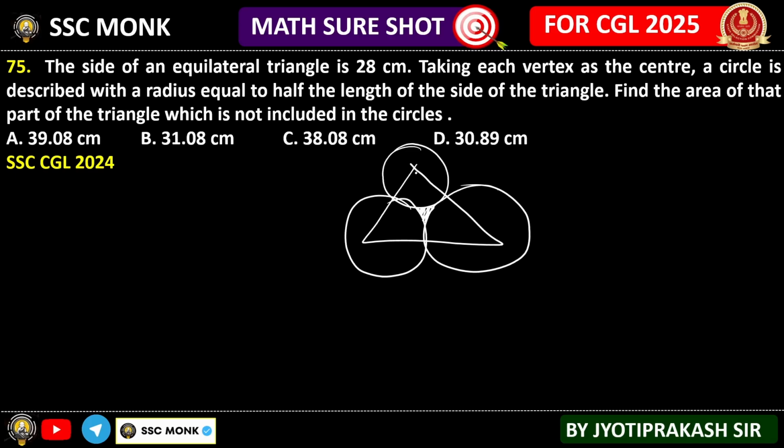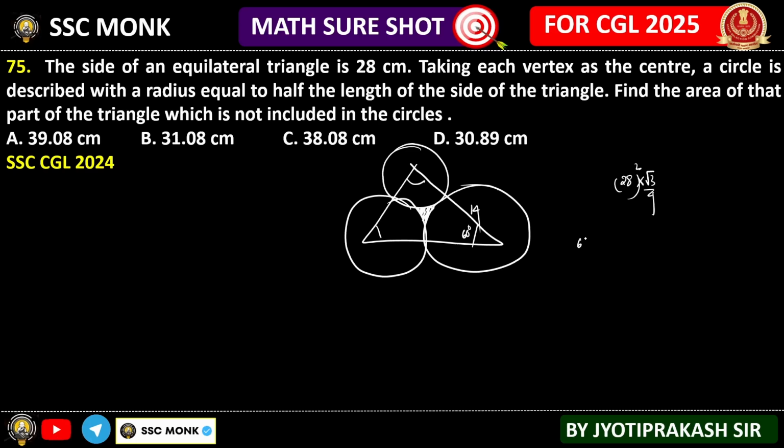Now understand, if 28 centimeters is the side, the area of the equilateral triangle is root 3 by 4 a square. Yes or no? Yes. Now the area of all these circles is equal to what? The radius is half of this side, that is 14 centimeters, and this angle is 60 degrees.